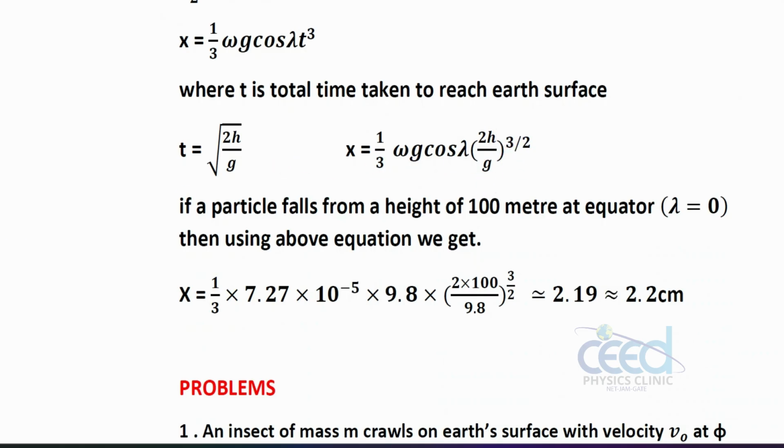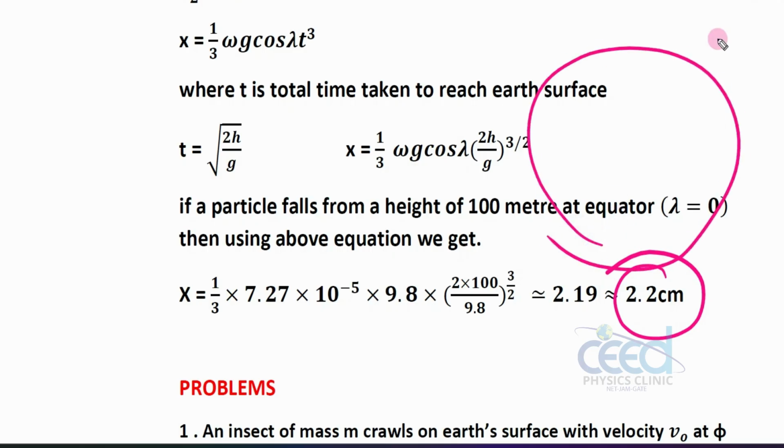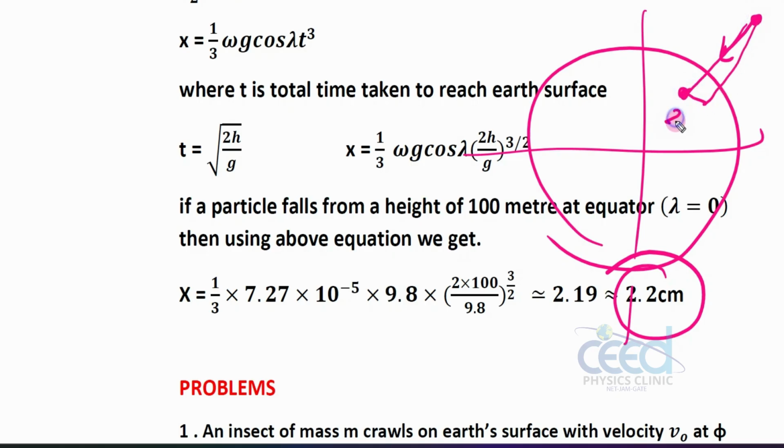Suppose here h you put 100 meter, means you can solve, 2.2 centimeter. 2.2 centimeter is the eastward deviation. That means from the earth surface a body is falling, right? It will turn 2.2 centimeter to eastward.